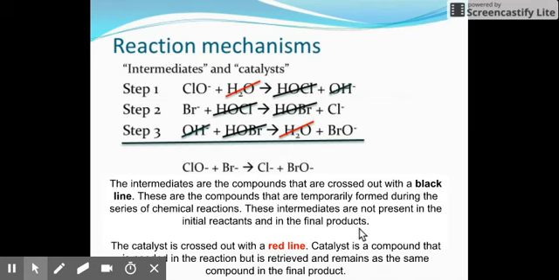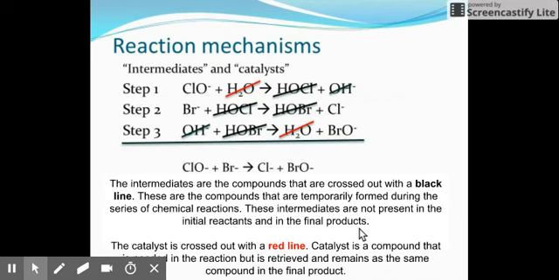That's a catalyst. Catalysts do not get consumed. That's why you retrieve them at the end of your chemical reaction. So that's it for this particular example.